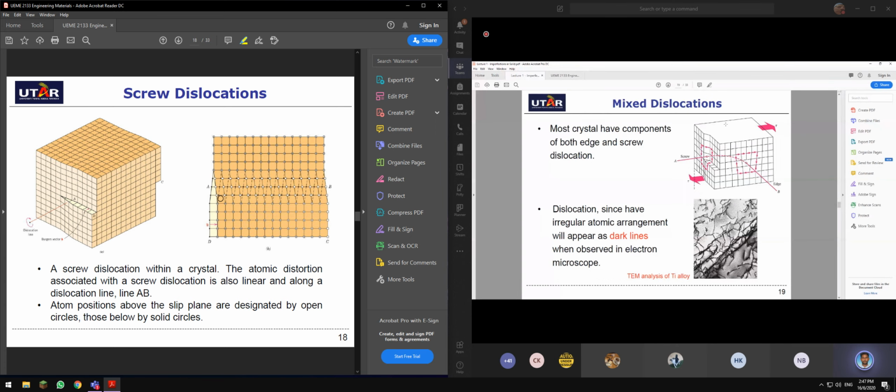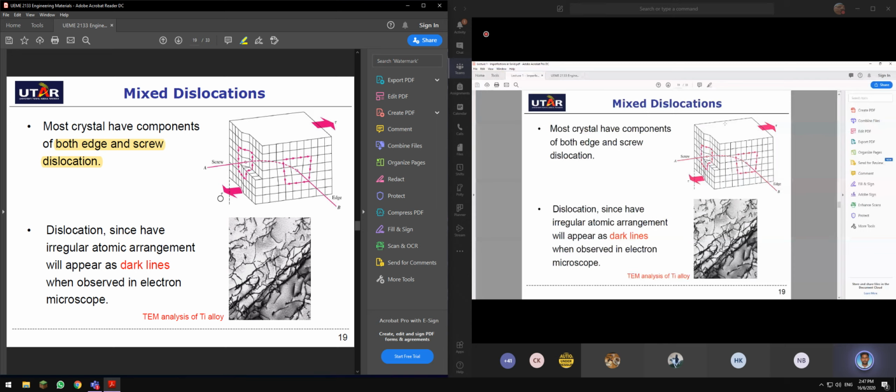Now, as I mentioned to you earlier, dislocations happen in a mix. You have edge dislocation over here due to the introduction of a new half plane, and also you have a screw dislocation here due to the shearing effects on the perfectly structured plane.